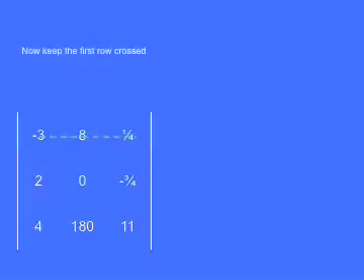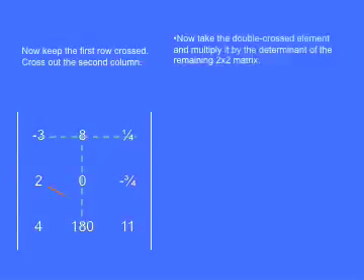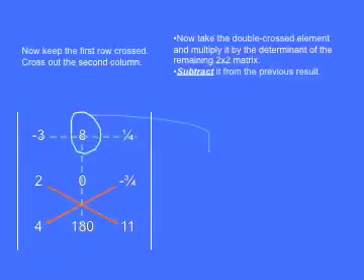Our next step is to cross out the first row and the second column. We'll take the double-crossed item and multiply it by the remaining determinant. See the elements that have not been crossed out? We'll do our diagonal multiplication, and this time we're going to subtract this result from the previous result as follows.